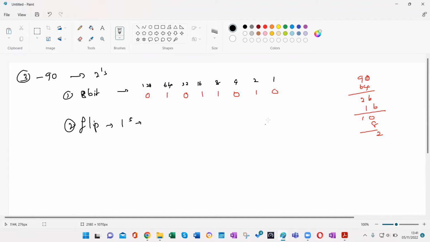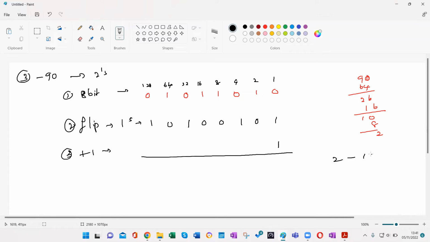Right. So to convert into one's complement, you just flip the bits. So 0 becomes 1, 1 becomes 0, 0 becomes 1, 0, 0, 1, 0, 1. Now that's in one's complement. To make it 2's complement, you add 1 to it. Simple. 1 plus 1 is 2.